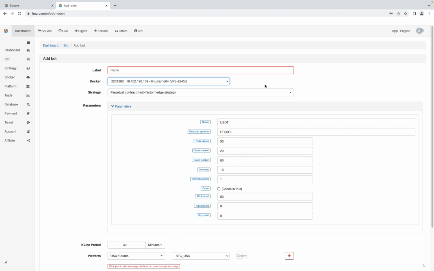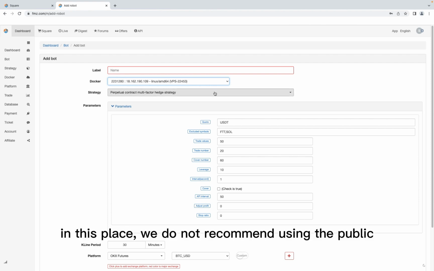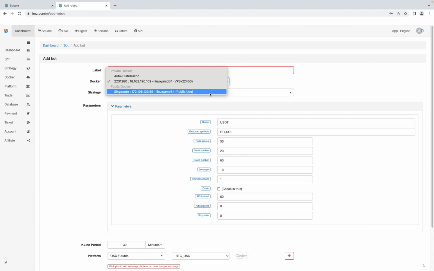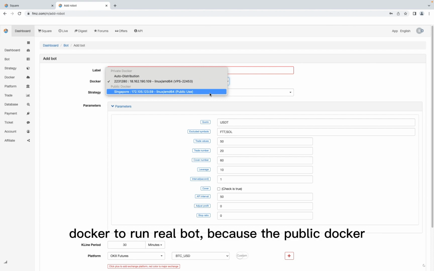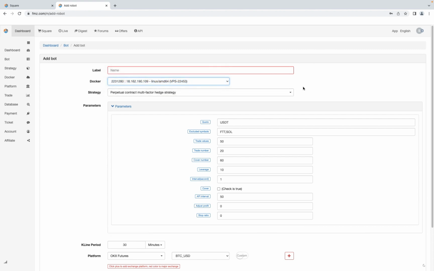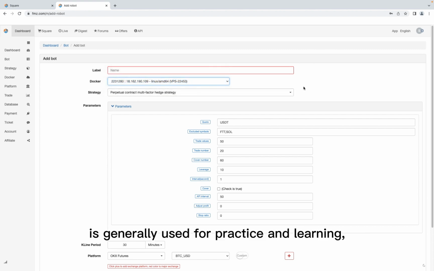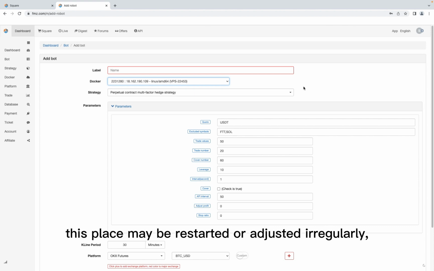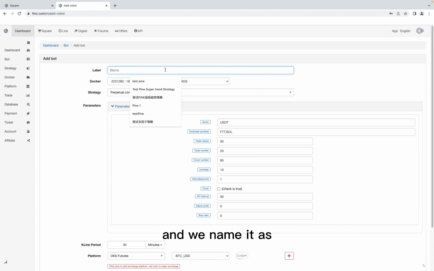Attention here. We do not recommend using the public Docker to run a live bot because the public Docker is generally used for practice and learning. It may be restarted or adjusted irregularly, so here we should use our own private Docker, and we name it test multi-factor strategy.